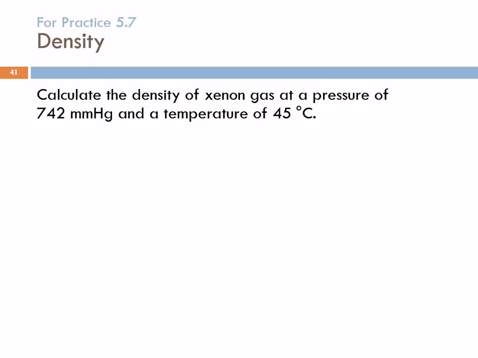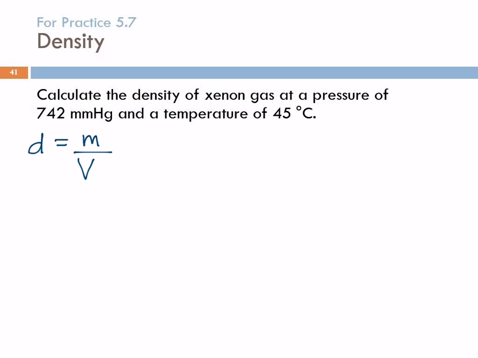So what I would do is I would say, okay, they want the density of a gas. Density is the mass of the gas divided by the volume of the gas. So I need to find the mass and I need to find the volume. But they didn't tell me how much gas there was. That means I get to choose. And I can choose easy or I can choose hard.